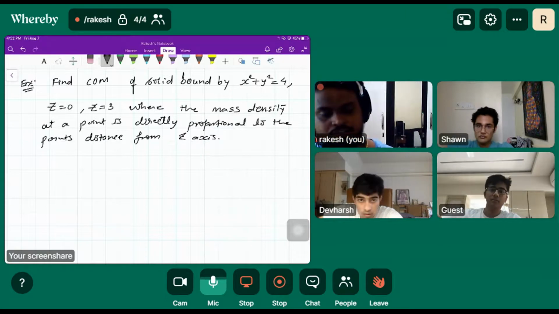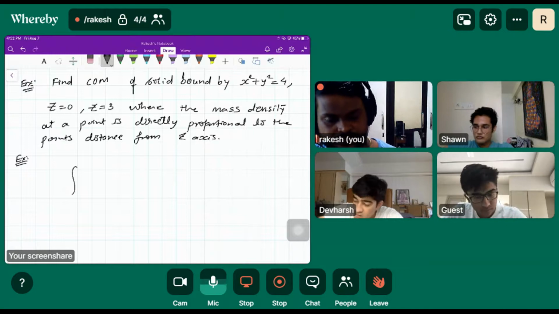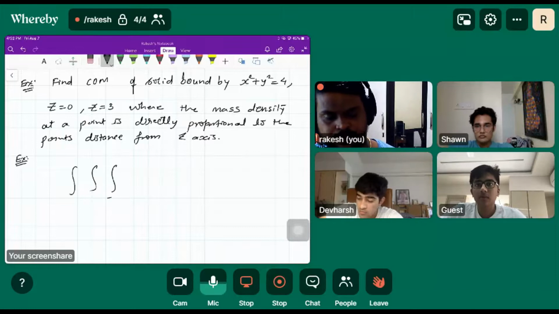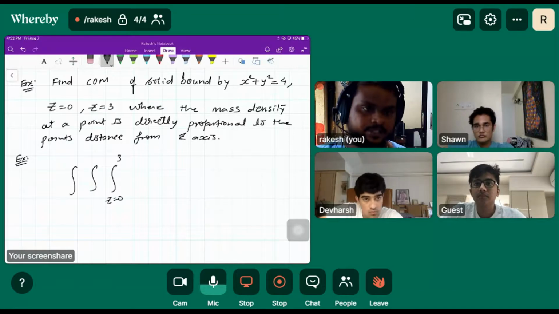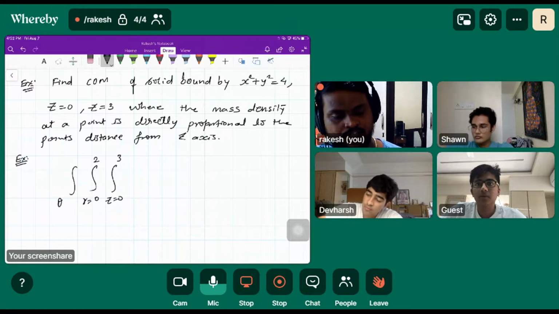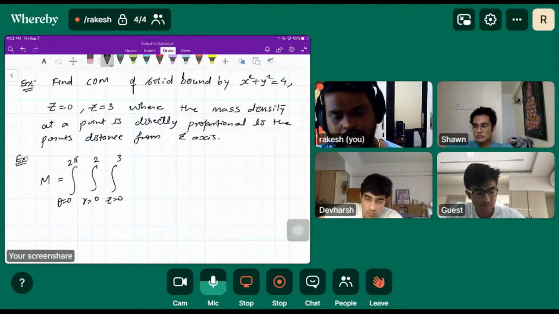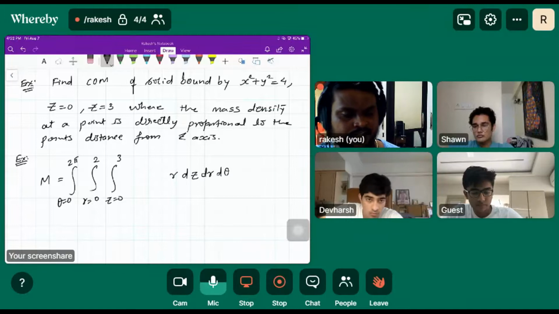So I should write it directly now. The setup is z equal to 0 to 3, r equal to 0 to 2, and theta equal to 0 to 2 pi. We are calculating mass first. Now I should write r dz dr d theta here.